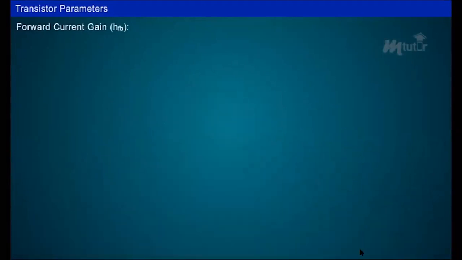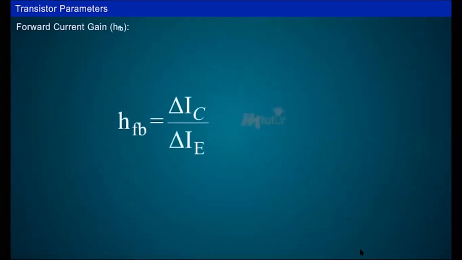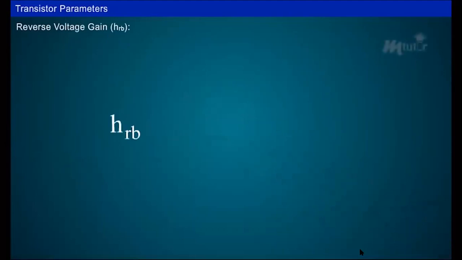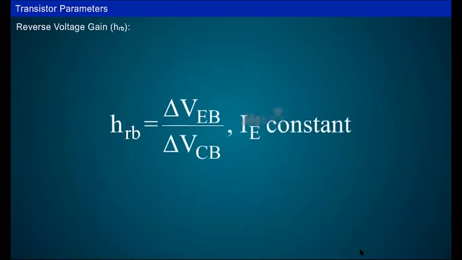Forward current gain HFB is the ratio of change in the collector current to the corresponding change in the emitter current, keeping the collector voltage VCB constant. Its typical value varies from 0.9 to 1.0. Reverse voltage gain HRB is the ratio of change in the emitter voltage to the corresponding change in collector voltage with constant emitter current IE.